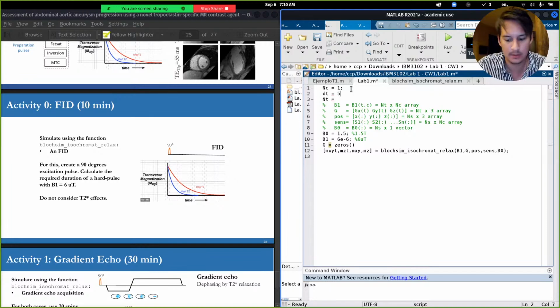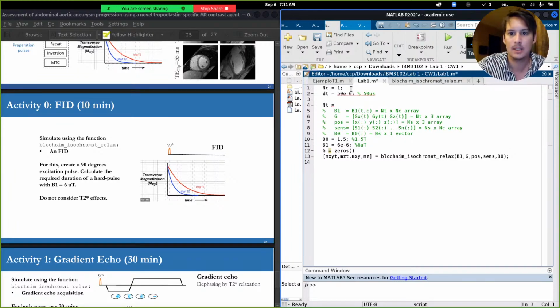But let's use a time step of 50 microseconds, and let's simulate for 1 millisecond.